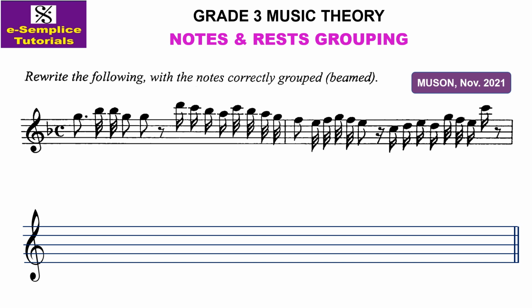The first question is from Muson exam, November 2021. Rewrite the following with the notes correctly grouped or beamed. I'll take a look at the question.